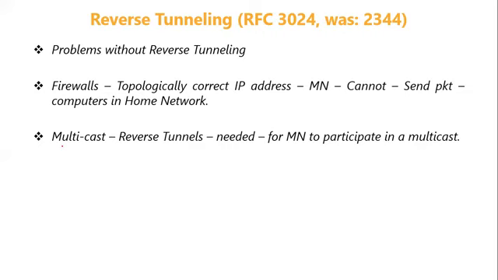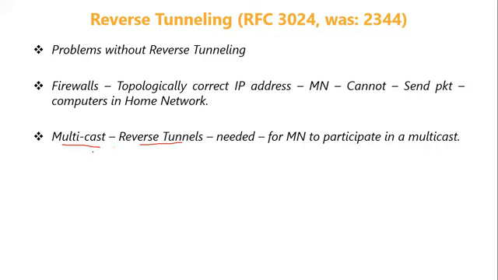If it is not using a reverse tunnel, and it wants to do multicasting by staying in the foreign network, that is not possible. So if the mobile node wants to do multicasting, then reverse tunneling is required. That is the second reason why reverse tunneling is required.